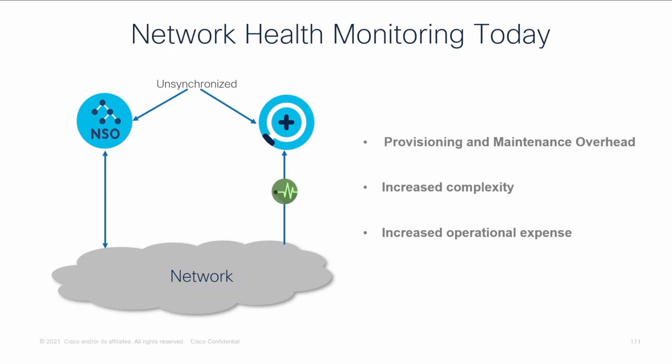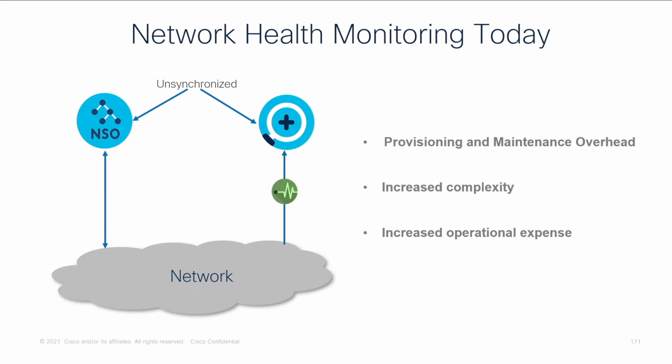Usually what we see is that once these services are provisioned, we monitor the network services at some point in time, but not immediately. It can be hours, days, weeks, and I've seen months too. So we are losing critical information about the health of those network services at that point.